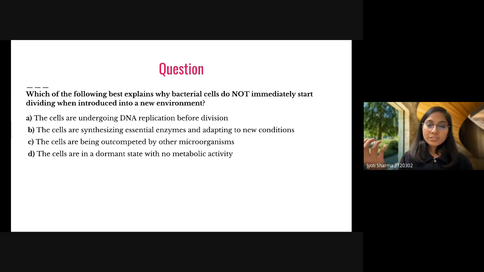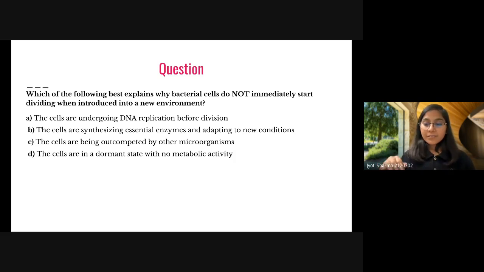The question is just like that, and we have four options: the cells are undergoing DNA replication before division; the cells are synthesizing essential enzymes and adapting to new conditions; the cells are being outcompeted by other organisms; and D, the cells are in a dormant stage with no metabolic activity. What do you think is the right answer?